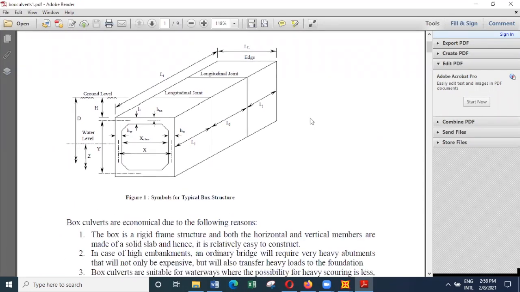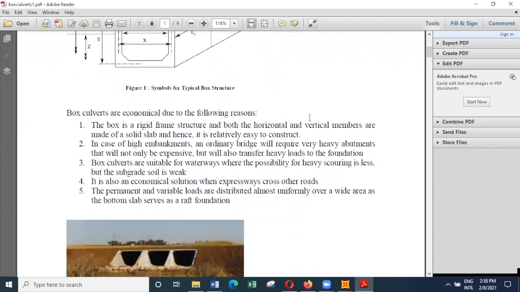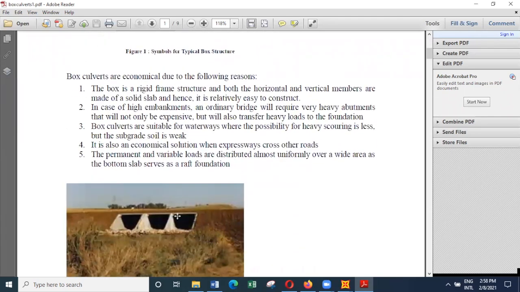So box culverts have certain advantages, and box culverts can be used instead of bridges where the damage due to scouring is not very significant. So if there's a chance that scouring can occur, like in a large river where you are not sure of the type of flow, then box culverts are not good.